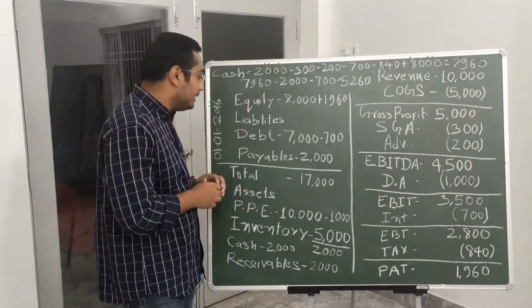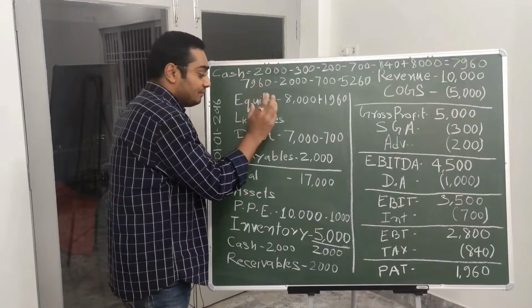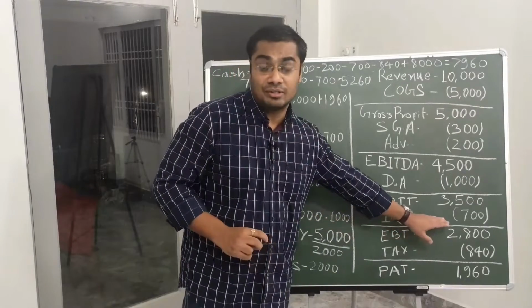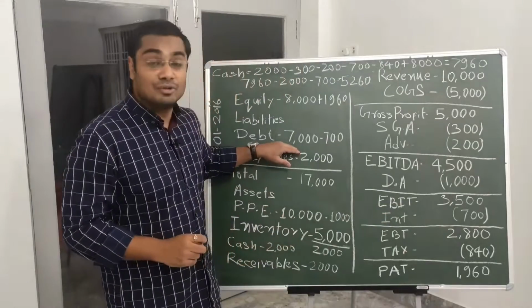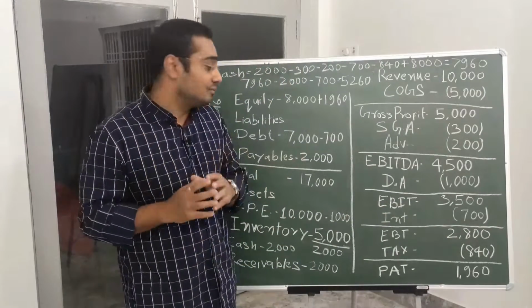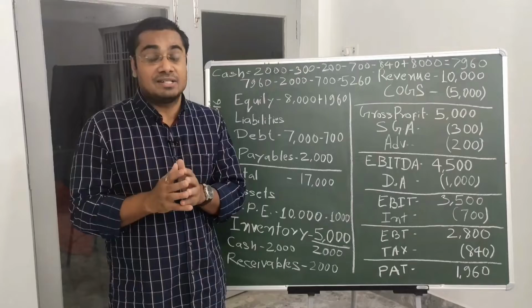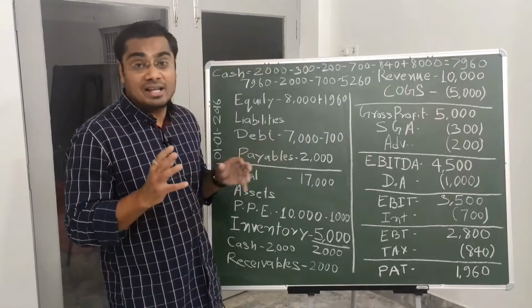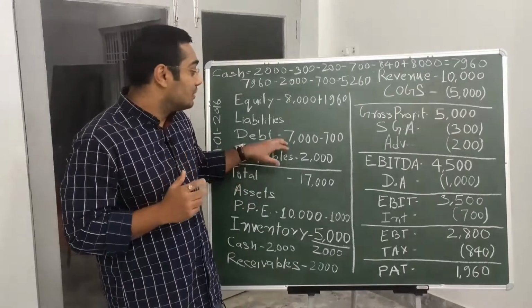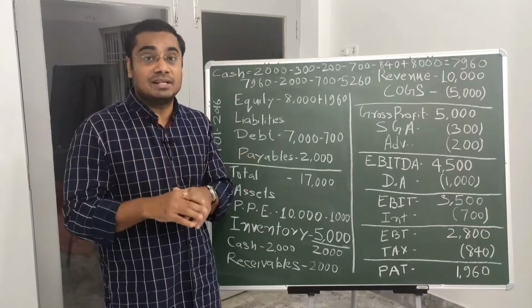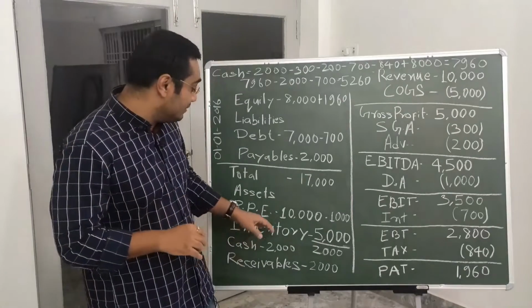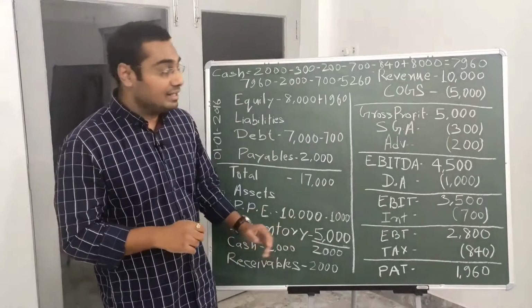Again, coming back to liability, we see debt. This debt of 7,000 rupees, we have already paid an interest amount on that. But this debt is not going to remain with the company for lifelong. This has to be amortized. In this case, we have assumed that the company has borrowed this debt from the bank for 10 years. For the sake of simplicity, we are trying to amortize this debt on a straight line method, the same as we did for our property, plant and equipment.